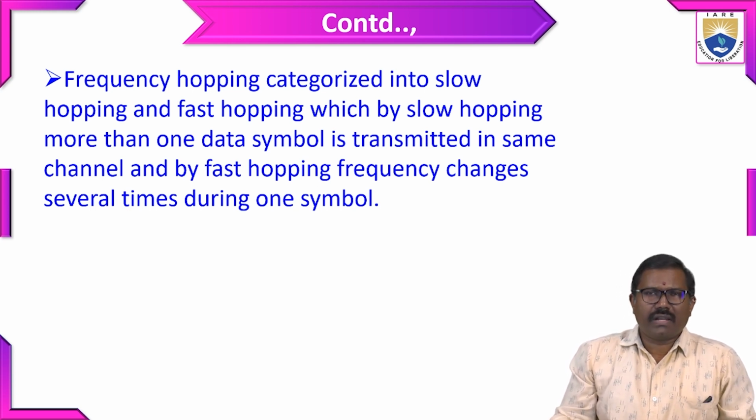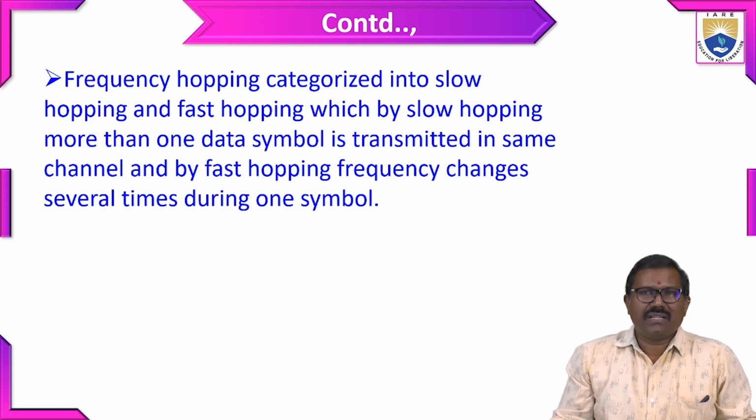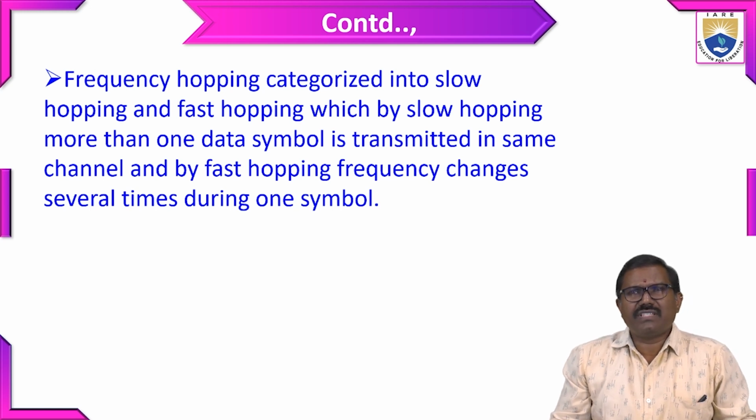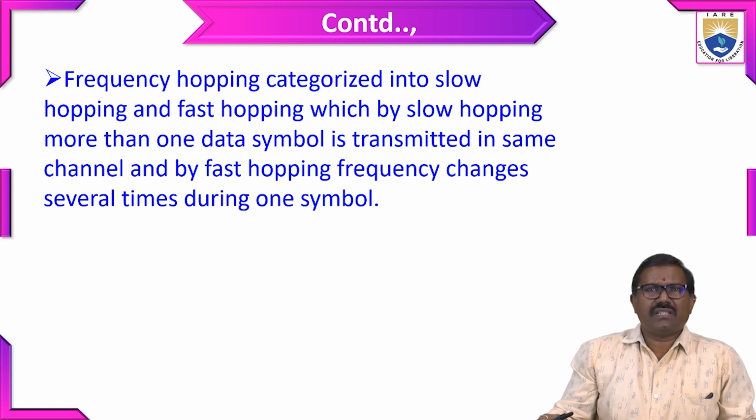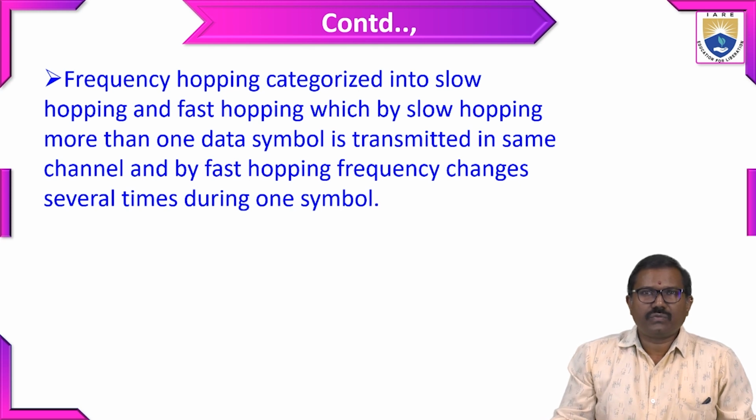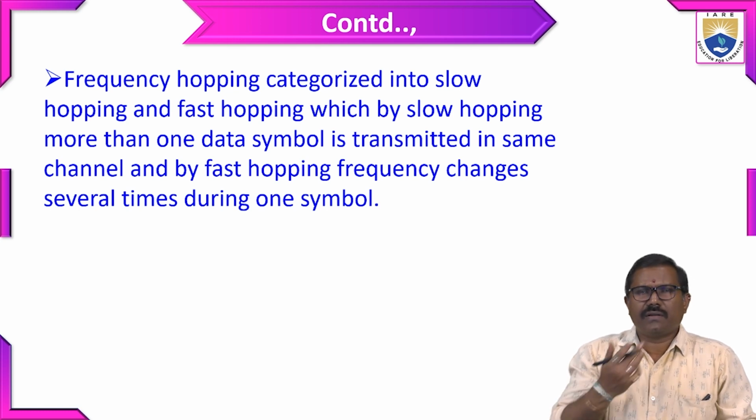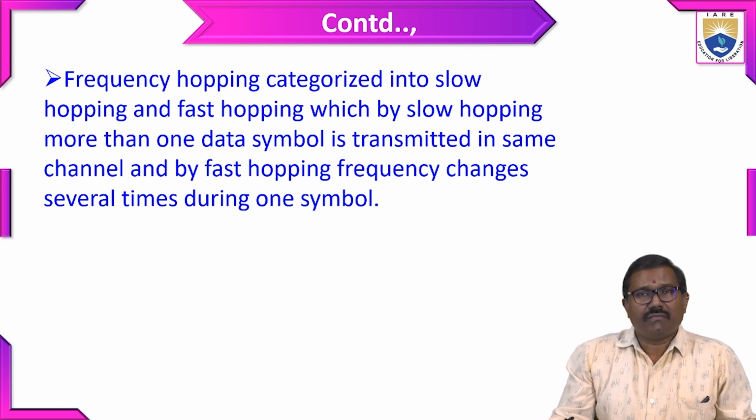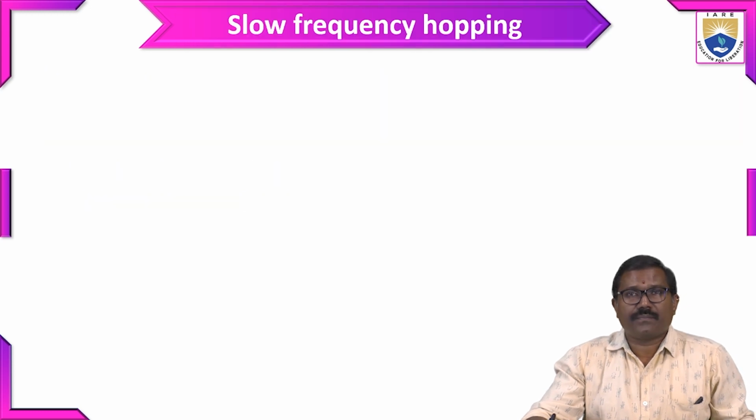So that is our FH. Again in FH, we have slow hopping and fast hopping. Fast hopping means the frequency changes several times, whereas in slow hopping it is only one.